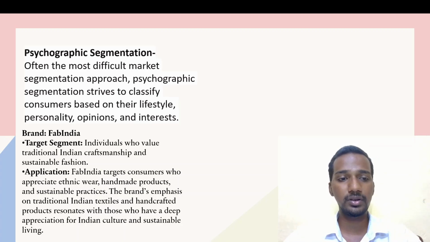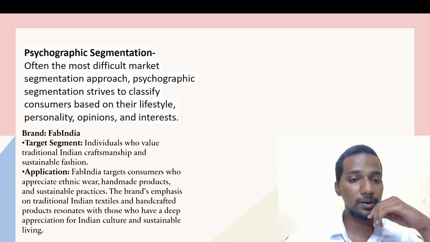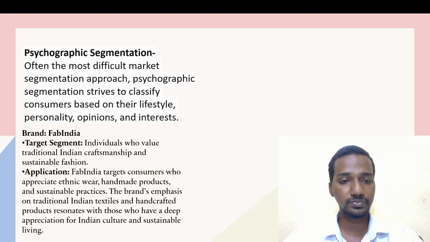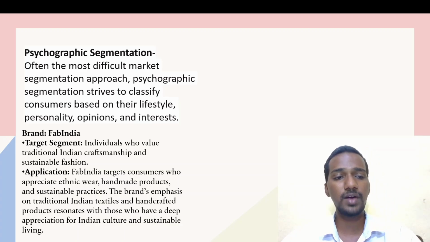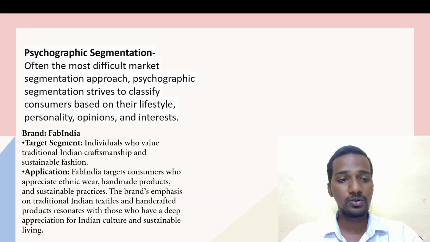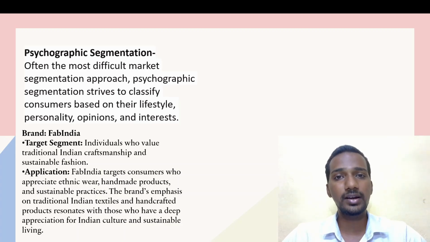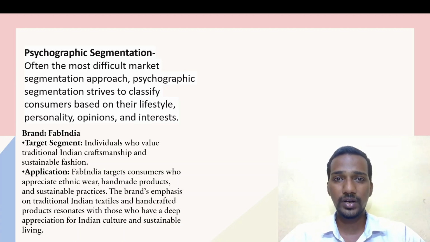Take an example: in India there is a company called Fabindia, whose target segment is people who value traditional Indian craftsmanship and sustainable fashion. So they obviously target the customer group who like Indian cultural or ethnic wear, which is handcrafted and made in a sustainable way.